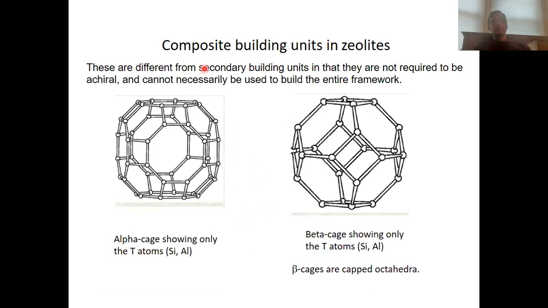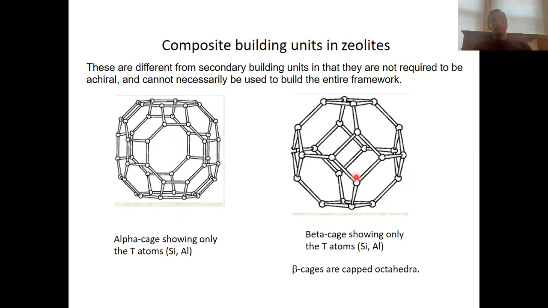Important are also composite building units in zeolites. These, in my opinion, are most helpful in order to understand the overall zeolite structure. Here are two examples, the so-called alpha cage and beta cage, respectively.